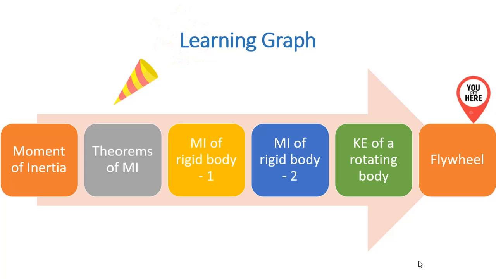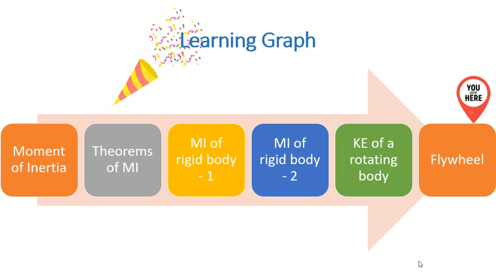So dear student, so far we have learned about the dynamics of rigid bodies. With this lecture we come to the end of the chapter Dynamics of Rigid Bodies. In this video we have learned about the flywheel, its theory, experiment and its applications.